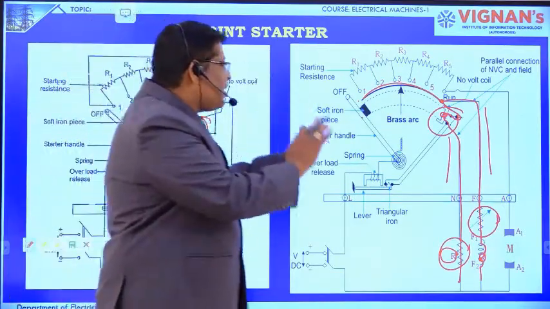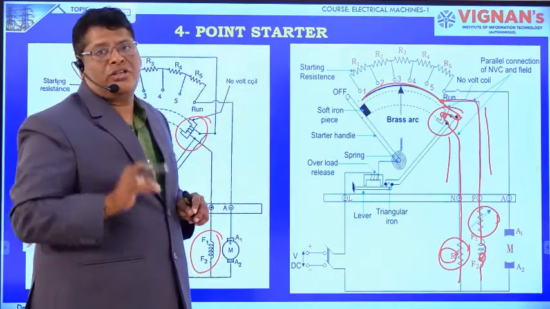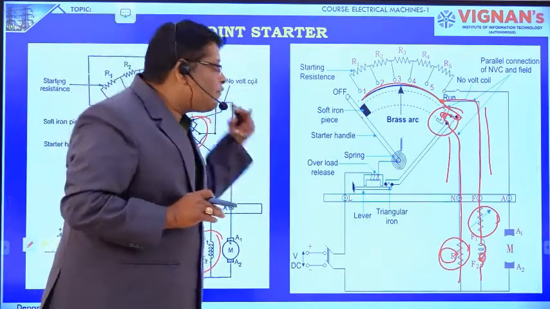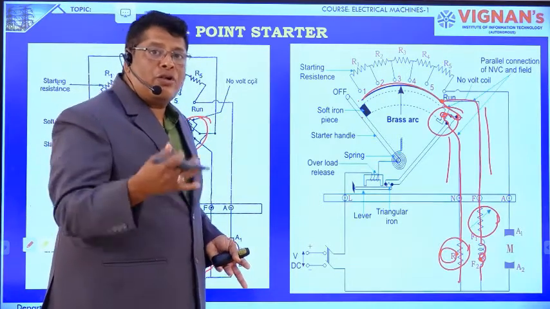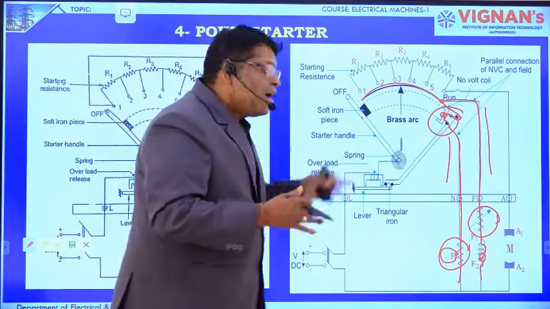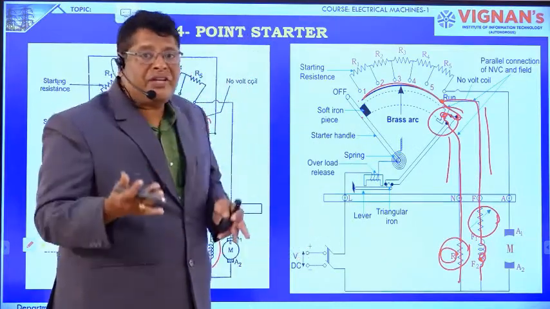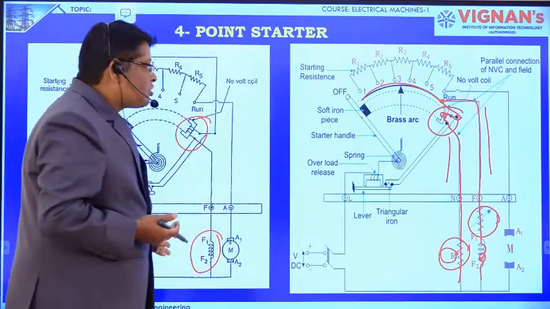So the handle will stay in the run position only. If you are using the 4-point starter, you can run the speed of a DC motor at higher speeds also. The same thing does not happen with a 3-point starter.